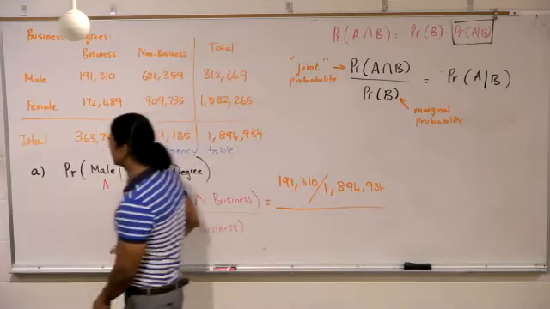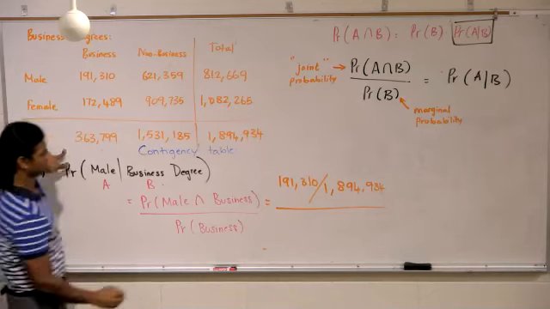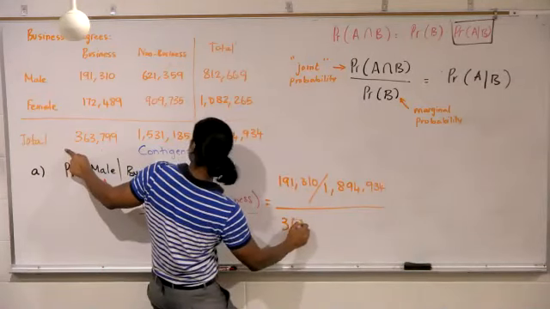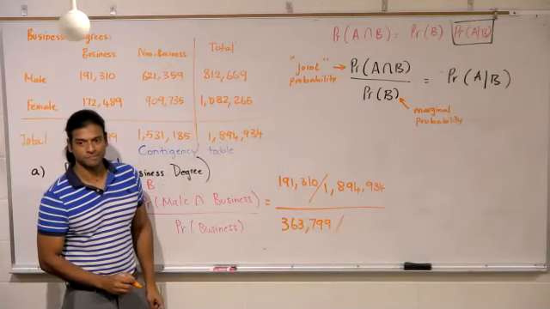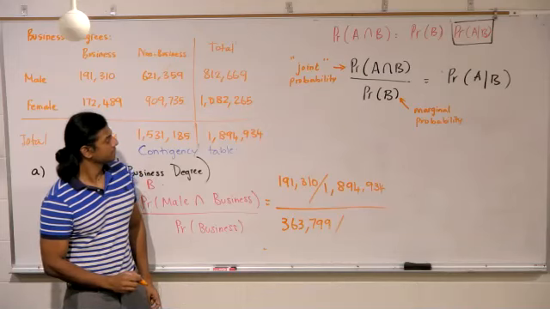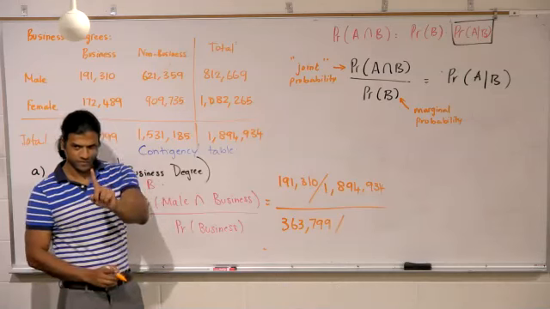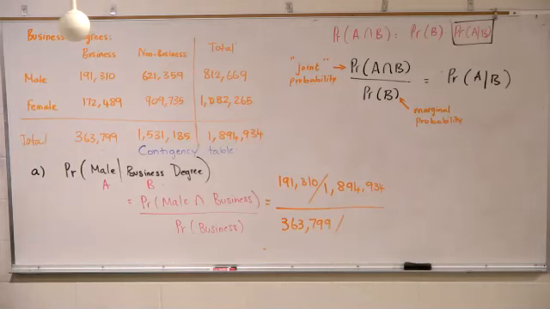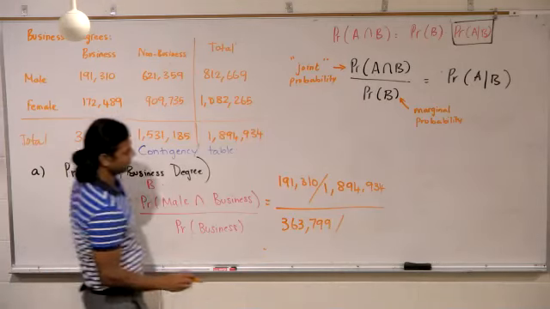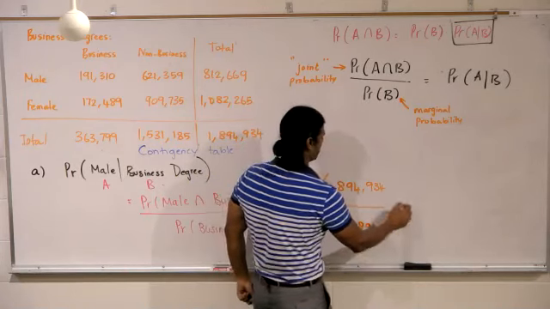Divided by business, what is the probability that someone would have a business degree? Divided by the total. Why would you divide by the total with the inclusion of business? Well, that's what I'll explain in a second. So divided by the total number, which should be 1,894,934.